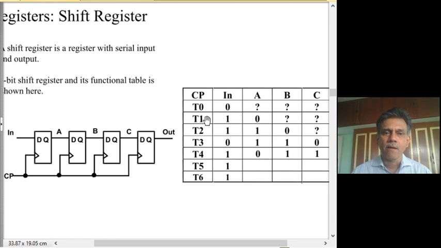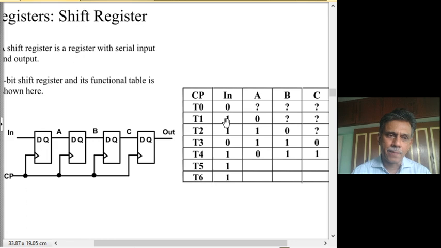So we will see that after the clock transition at the end of T0, this in bit, whatever is present in the in, will get stored in the first D flip-flop and be available at A. So this 0 that is present in will get stored in A. But B and C are still not known to us.